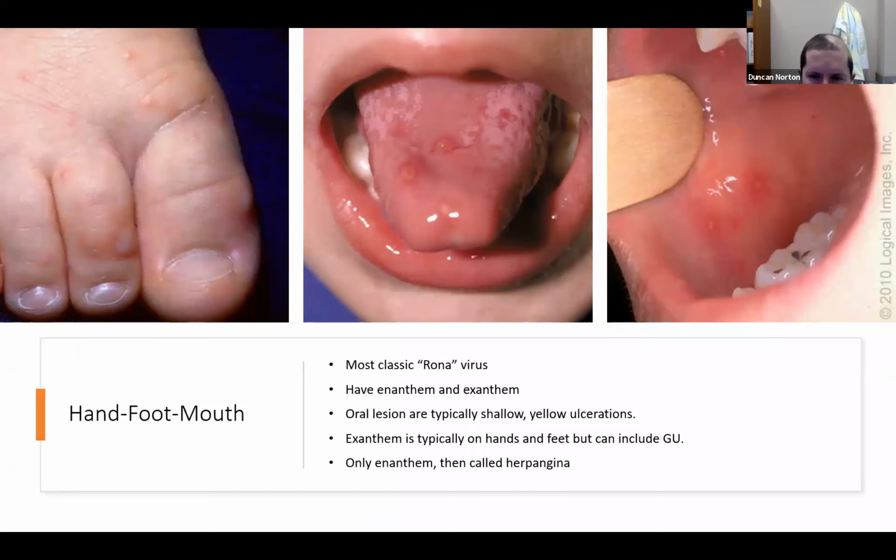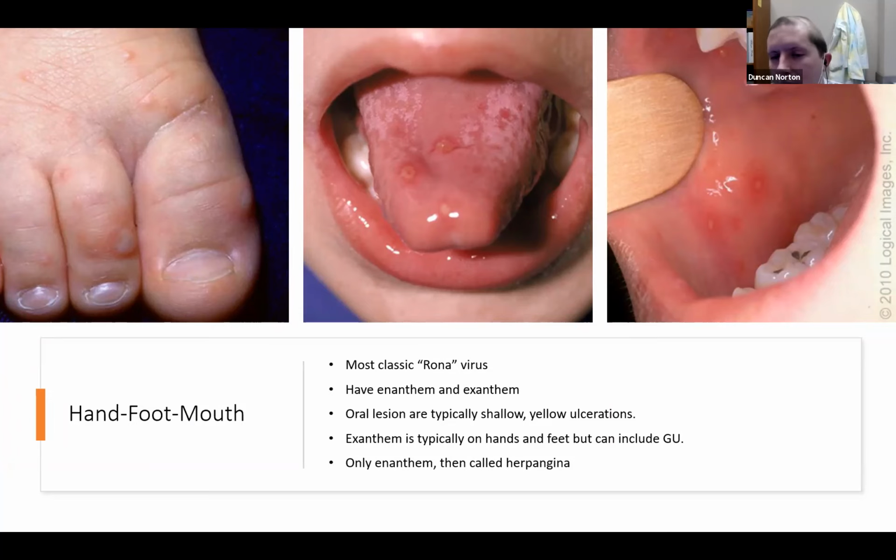Next is hand, foot, mouth. If you've gotten it as an adult, you know how much it sucks and how extremely painful it is as an adult. It's typically caused by the enterovirus class. As you know, Coxsackie is an enterovirus.